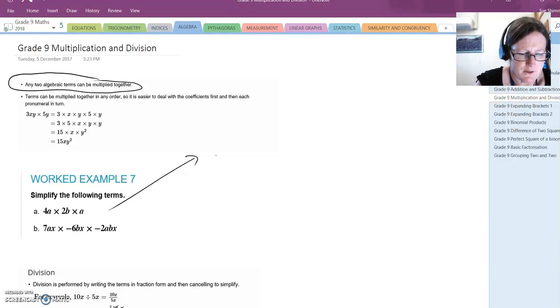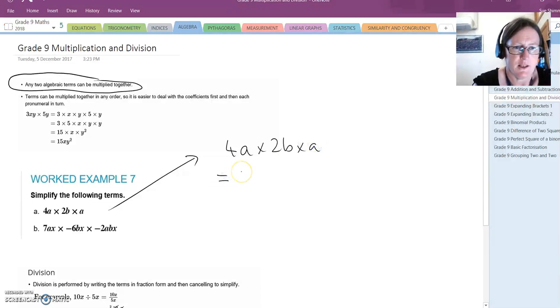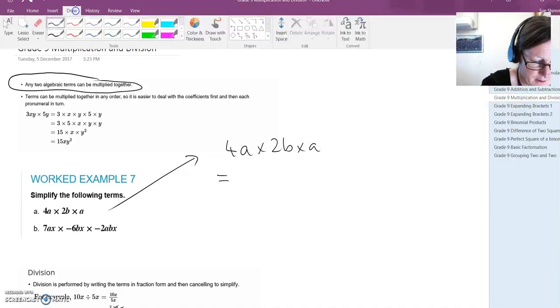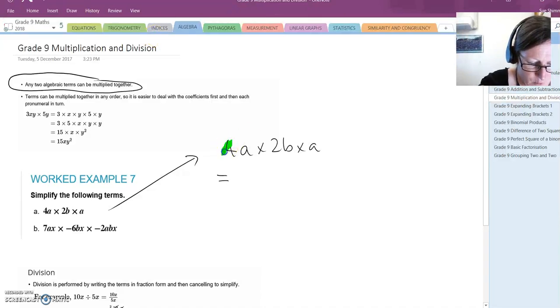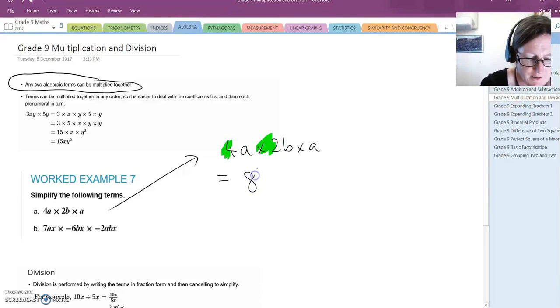So what we do for this, how I do these, 4a times 2b times a. The first thing I do is multiply the coefficients together. So I multiply 4 by 2. So multiplying my coefficients first, 4 by 2 gives me 8.